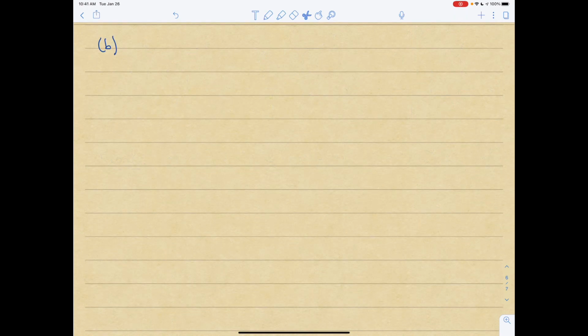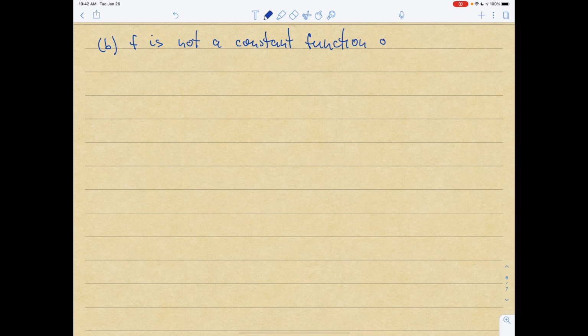Let's now consider the second situation when f is not a constant function on I. So if this is true, then f of I, or J equal to f of I, is going to contain more than one point, right?